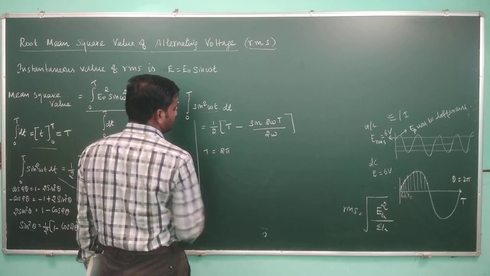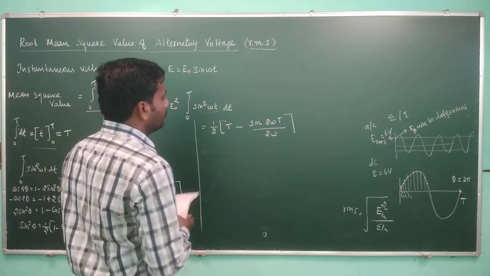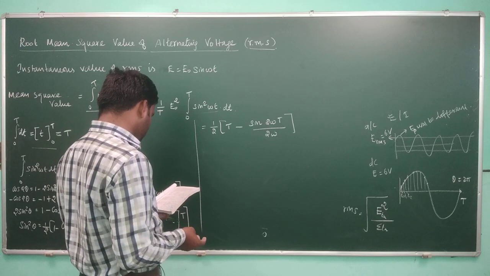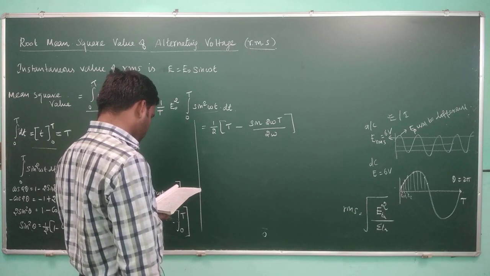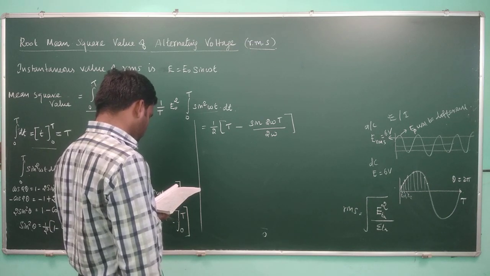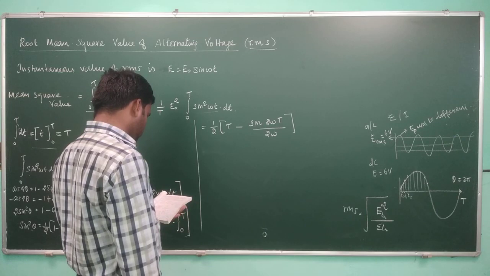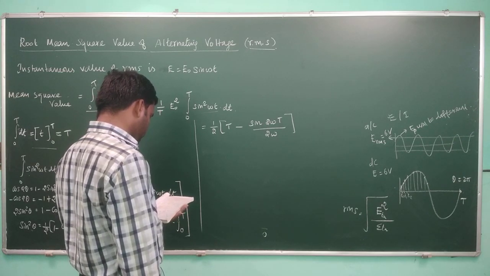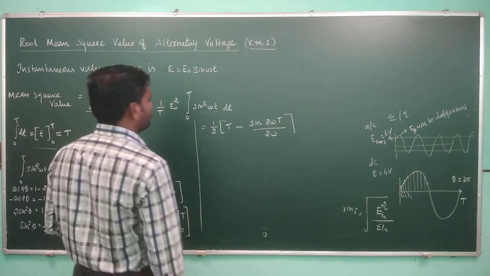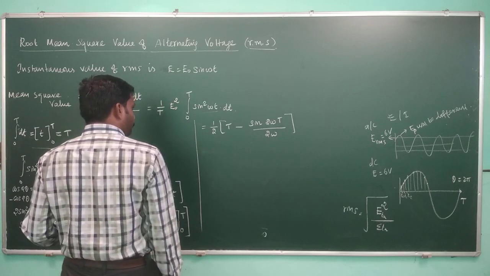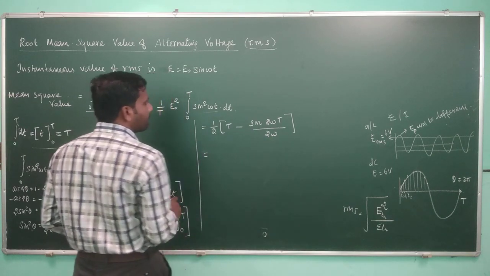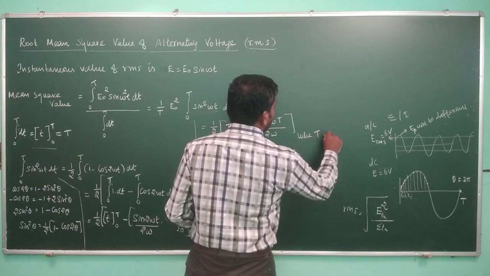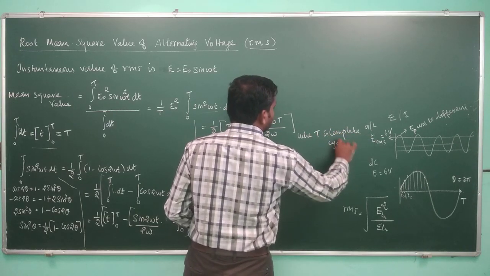Alright. Now what is T? We said T is equal to 2 pi, right? So when T is measured over a complete cycle, what would happen?